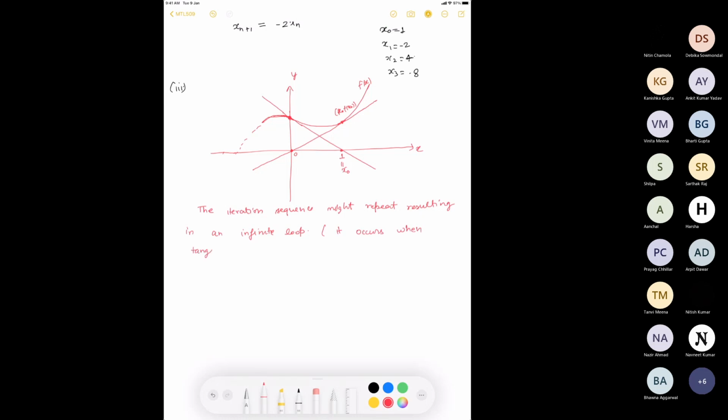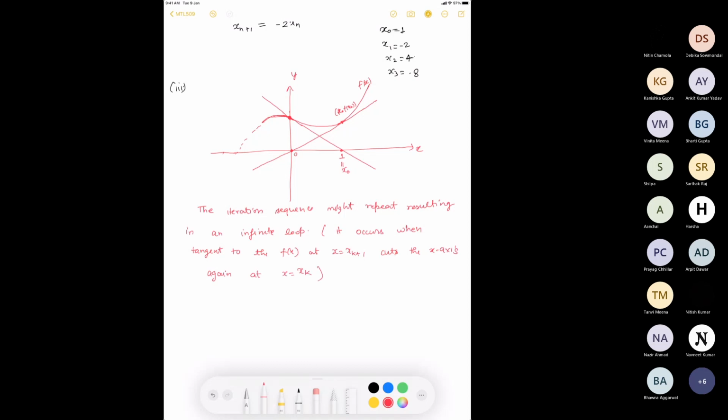When you take a tangent to the curve f(x) at x equal to xk plus 1, and it cuts the x-axis again at x equal to xk.